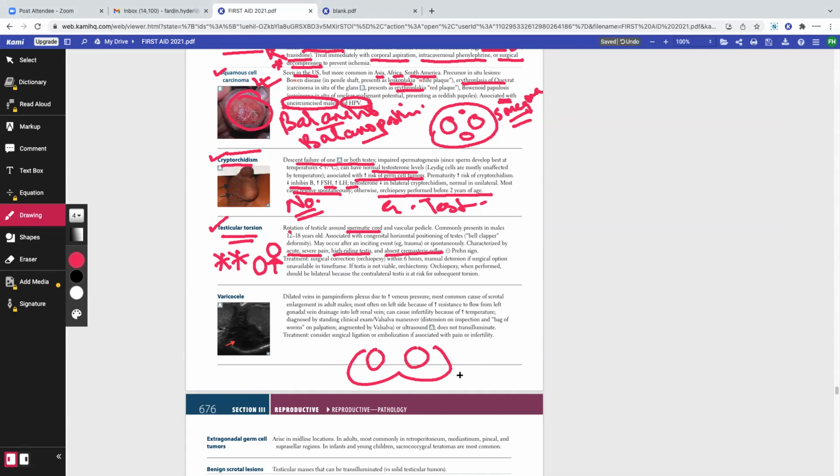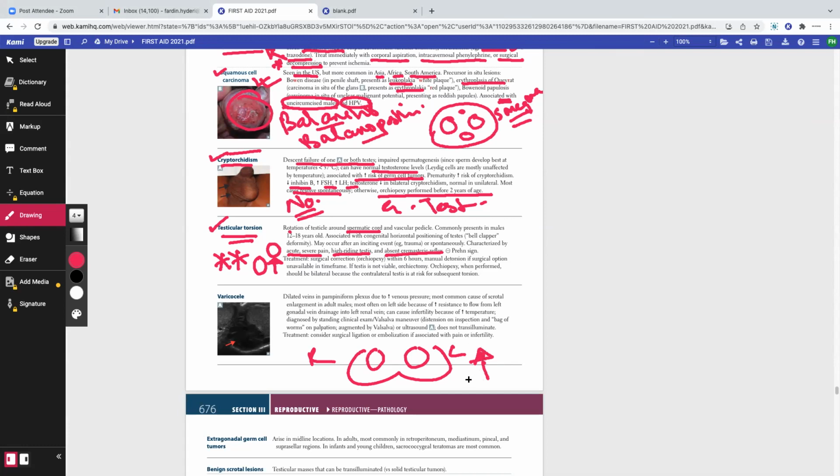Prehn sign is when the physician uses their hands to elevate the testis on one side. Let's say this is the right side, this is the left side. The patient has left-sided testicular pain. If we do a Prehn sign and try to elevate the testis, and it resolves the pain, then Prehn sign is positive. If it does not resolve the pain, then Prehn sign is negative. Have I made myself clear?